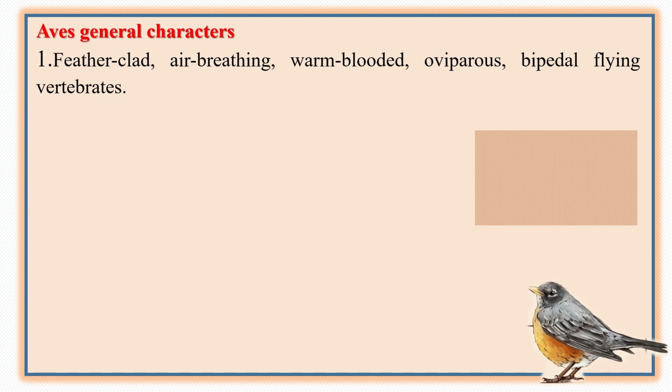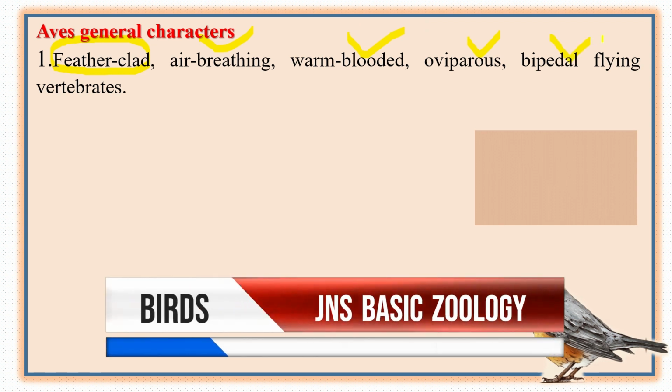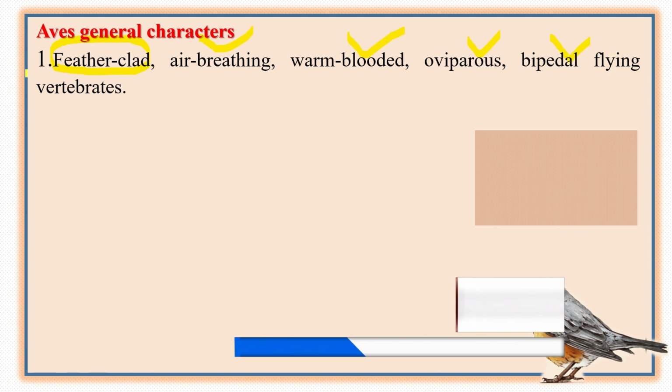The body of the bird is covered by feathers, that is feather-clad. They are air-breathing and warm-blooded, that is, they can maintain their body temperature according to the changing environmental temperature. They are oviparous, they can lay eggs, bipedal, having a single pair of feet, flying vertebrates, and these are vertebrates.